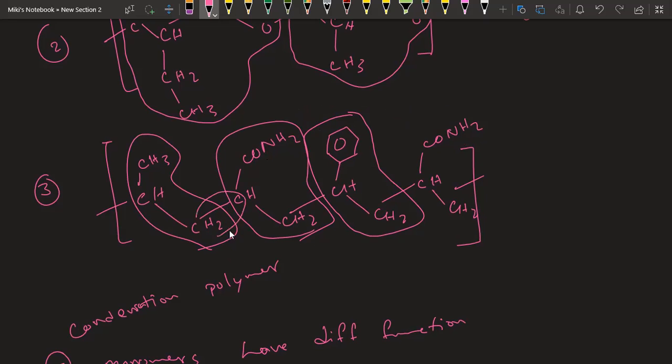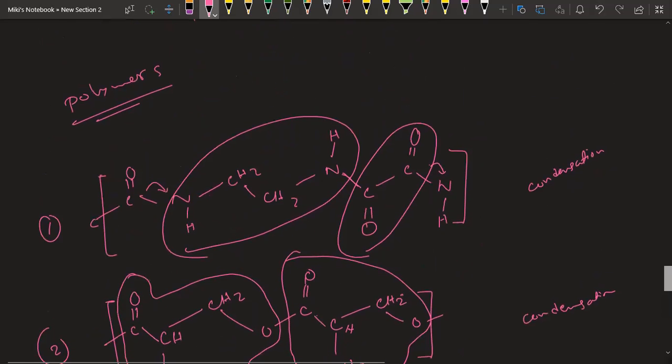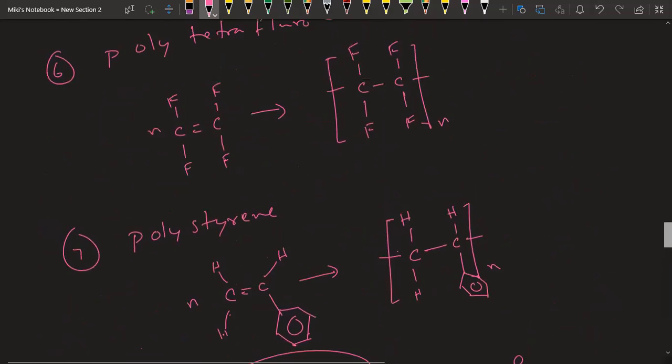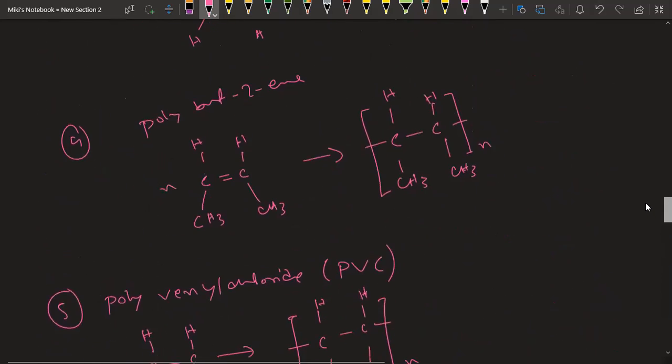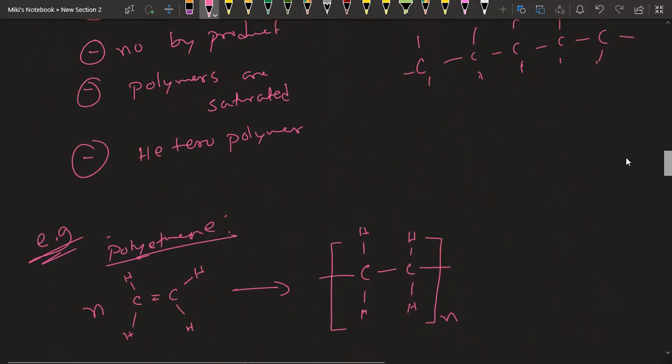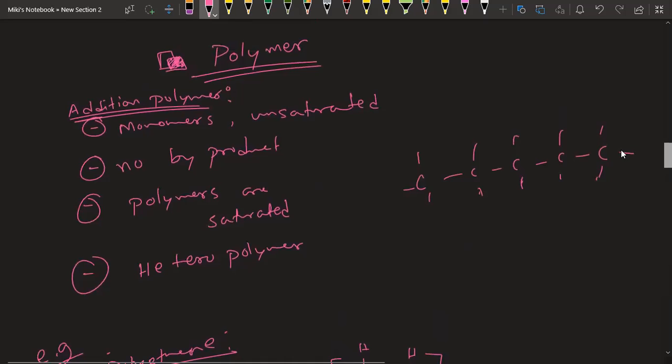Now see, in the main chain, what do we have? Carbon in this case. Yeah, we have carbon in this case. So this is actually addition polymerization. Not necessarily does addition polymerization have carbon in the main chain. Actually, for our purpose, for our knowledge, so far I haven't seen any polymer in addition polymerization that is part of the main chain without containing the carbon atom.